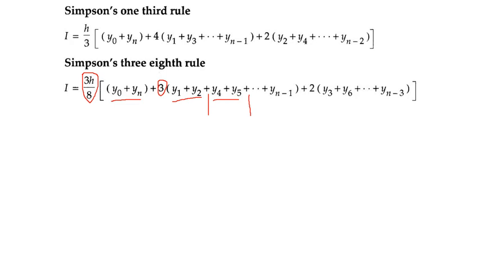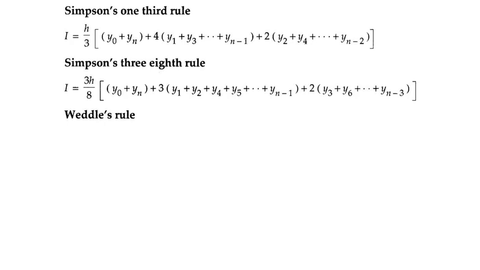That is, the multiples of 3 are missing in this term. Those multiples of 3 that are missing here will be taken here: 2 into y3, y6 and so on. So this is the formula for Simpson's 3/8 rule.